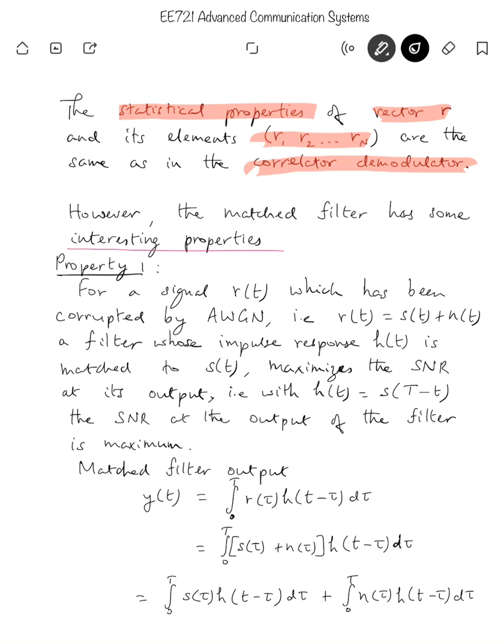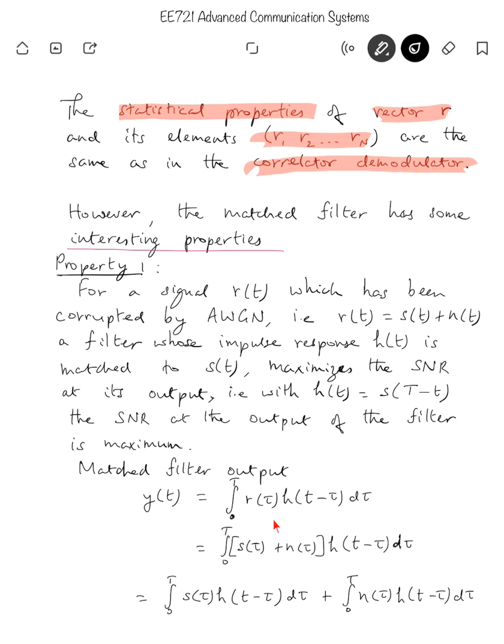So by having a matched filter, the SNR at the output of the matched filter is maximum. Okay, so we are going to prove this point, and we are going to start with a general case, and then we'll show that the SNR indeed gets maximized by having the impulse response matched to the signal of interest.